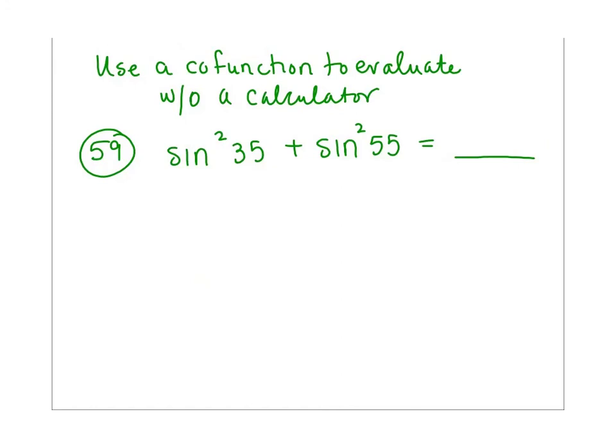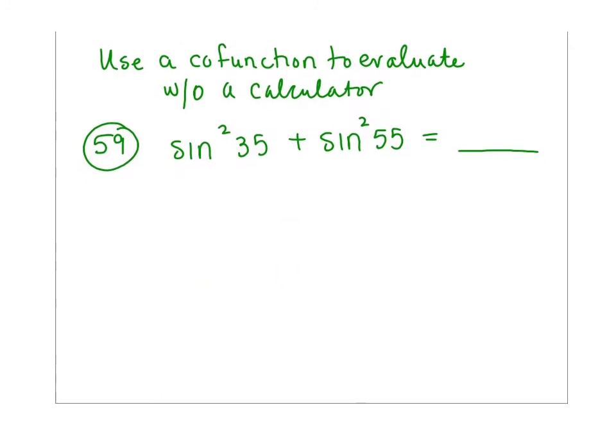So here is an example of what you would use to evaluate something without a calculator. Okay, so what we have here is we have two angles. We have 35 degrees and we have 55 degrees. And I know that 35 plus 55 is equal to 90 degrees, right? These are degrees.